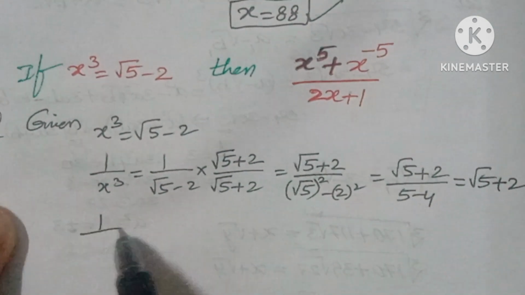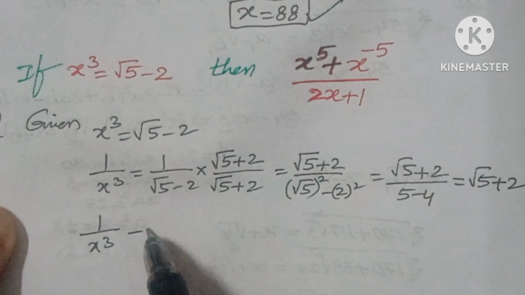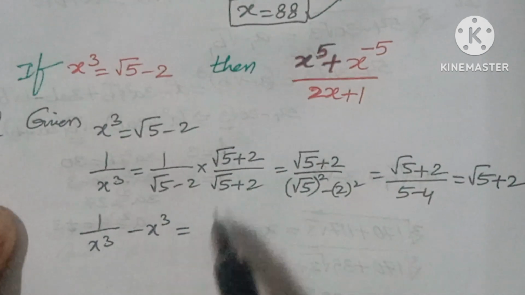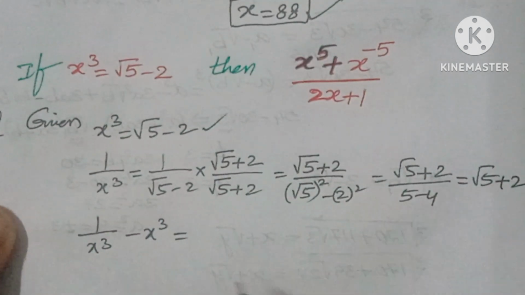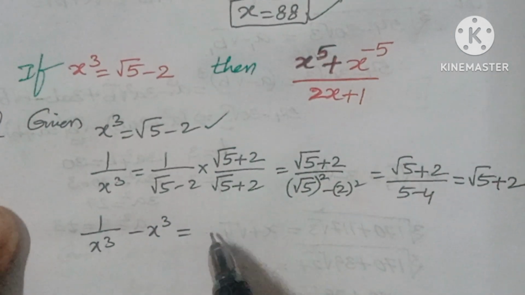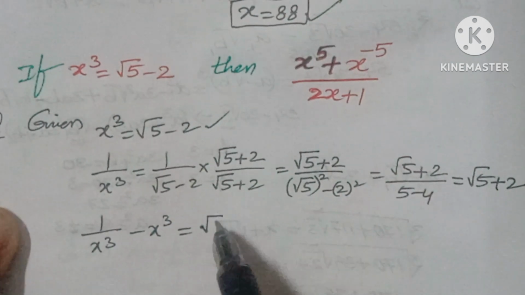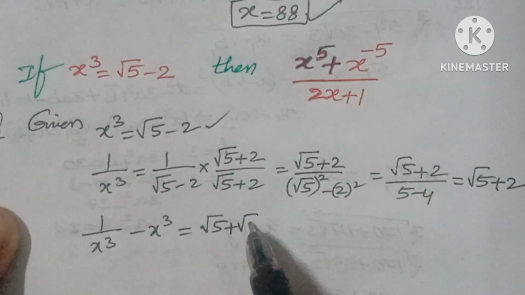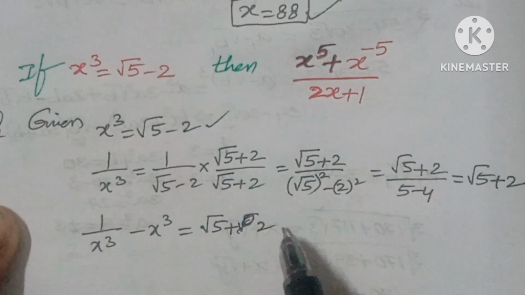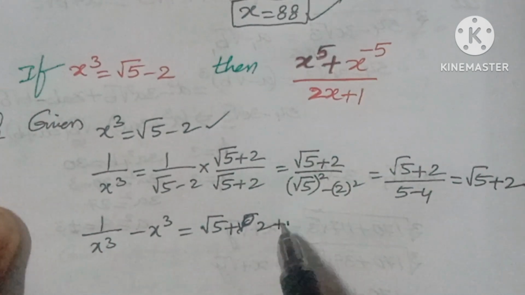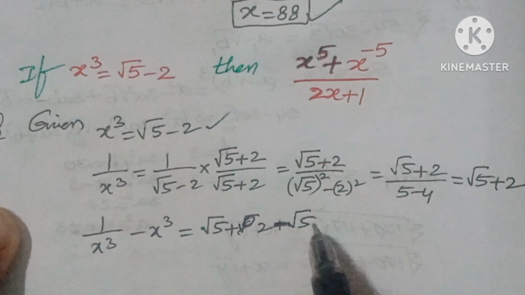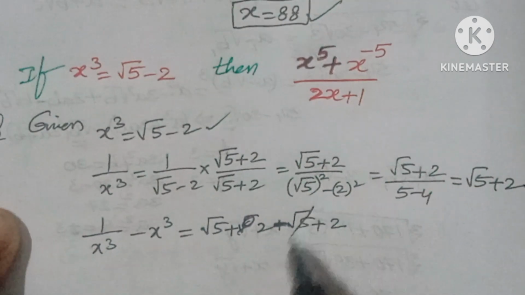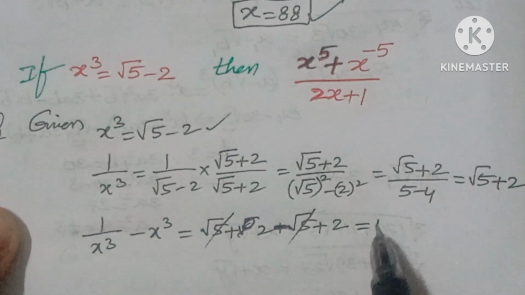So here you'll get root 5 plus 2, reciprocal. Now 1 by x cube minus x cube, we are subtracting both these two. So here you are getting root 5 plus 2 minus (root 5 minus 2). So root 5 cancels, you are getting 4.